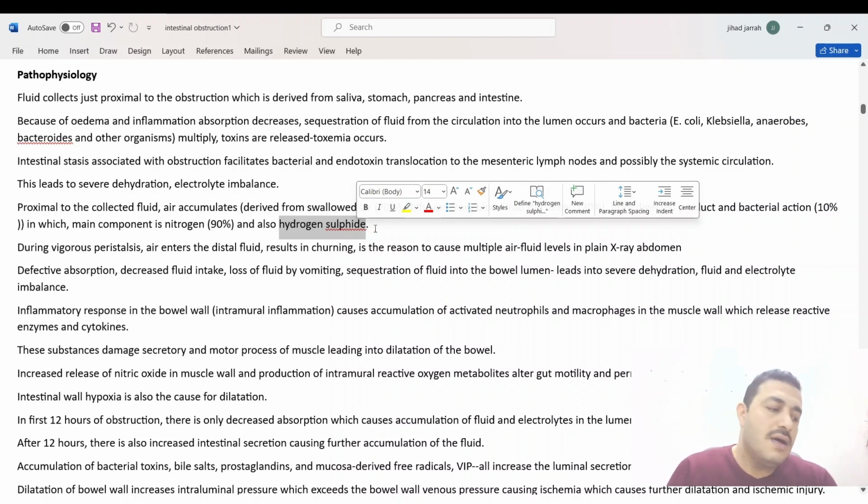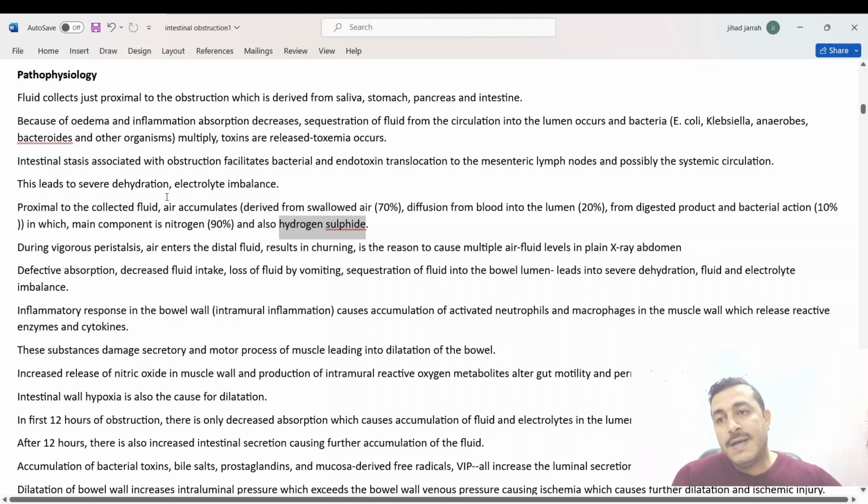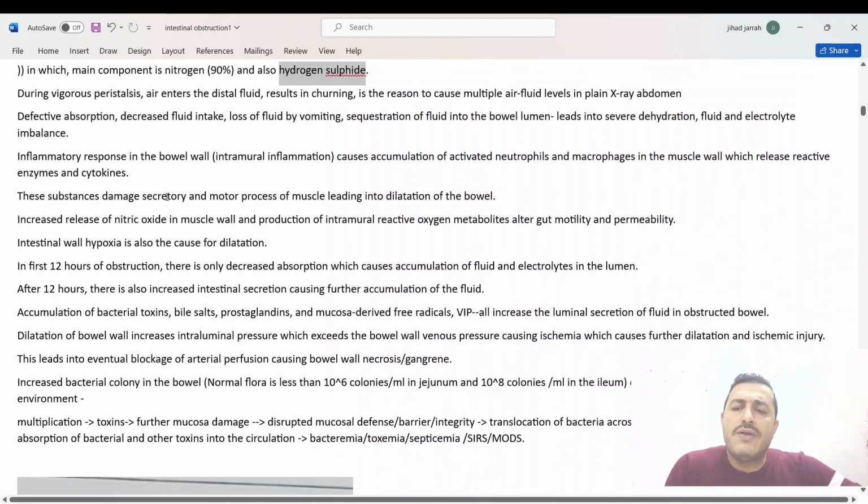venous stasis. Actually, as the bowel wall pressure increases, venous stasis happens, and ultimately arterial blood flow is compromised, which will lead to necrosis, perforations, and ischemia. Okay, actually, we discussed the most important topics in the pathophysiology.